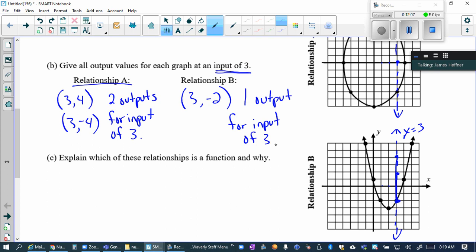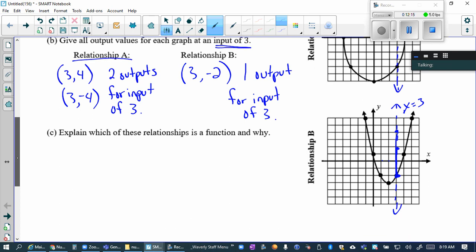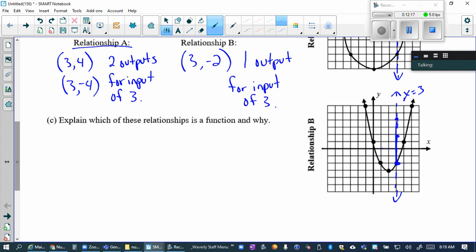So then in part C, which one of these is a function and why? A or B? Relationship B. Okay, so B is a function. Because why?